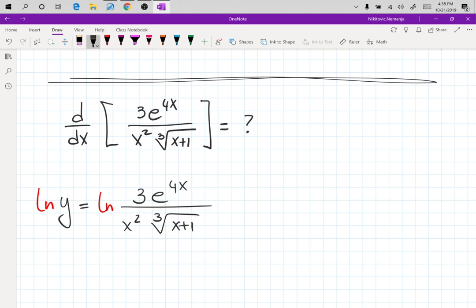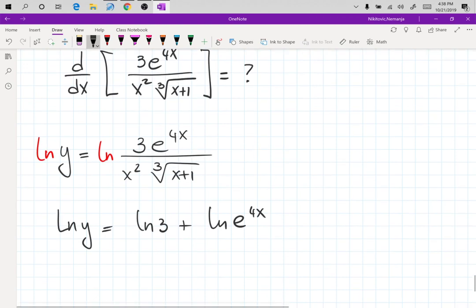So what I have is ln of y is equal to ln 3, and the derivative of that is going to be 0, so that's just going to die. So I have ln 3 plus ln of e to the 4x.